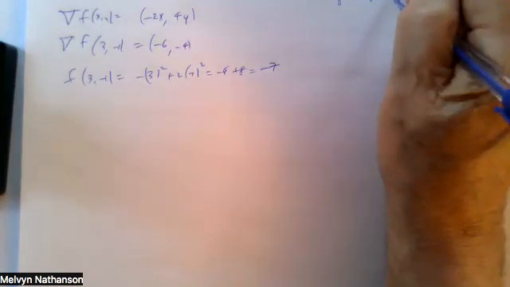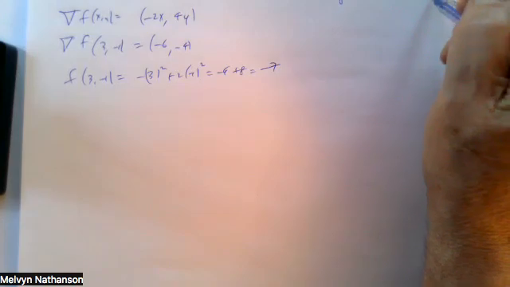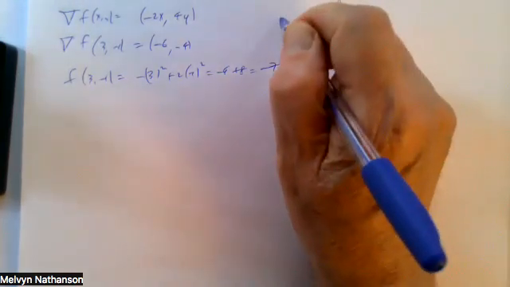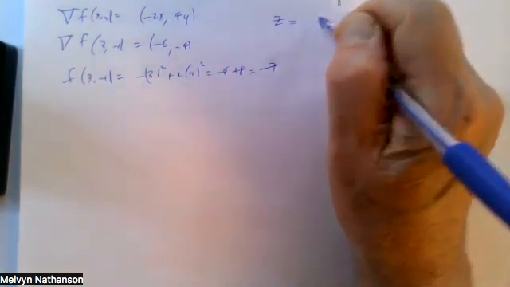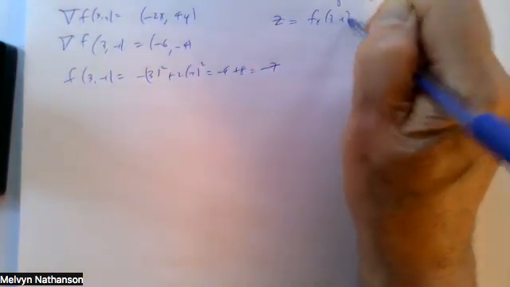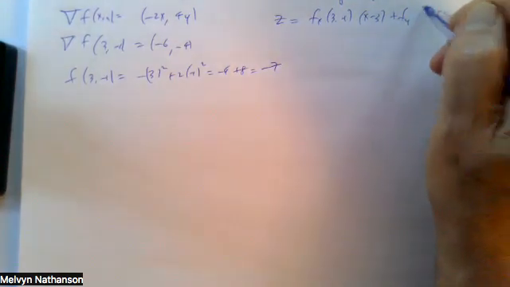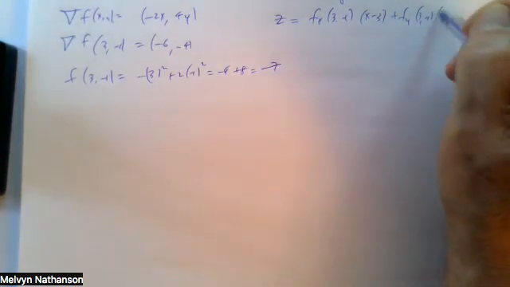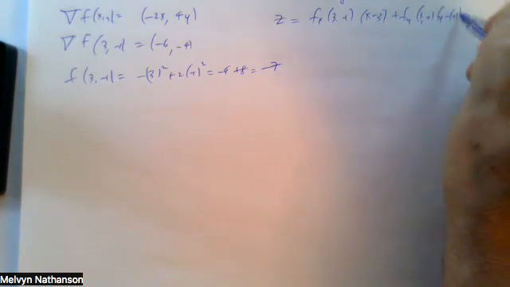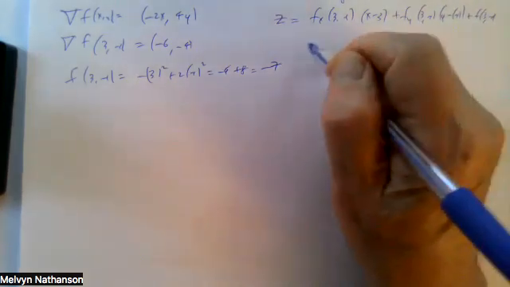So the tangent plane at the point (3, minus 1) is given by z equals the partial of f with respect to x at (3, minus 1) times x minus 3, plus the partial of f with respect to y at (3, minus 1) times y minus minus 1, plus the value of the function at (3, minus 1).